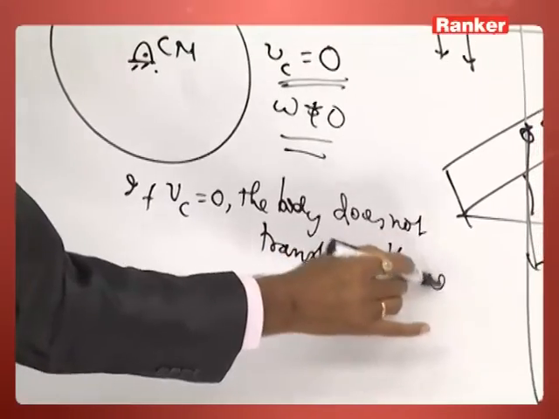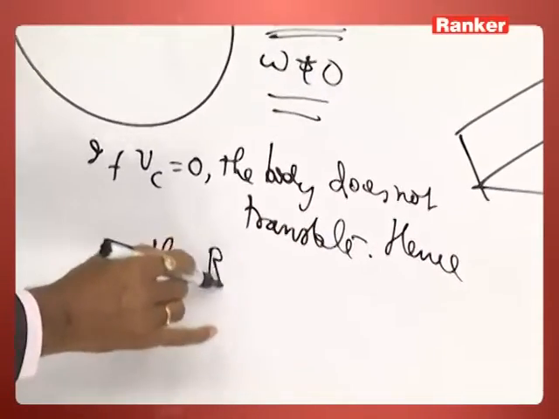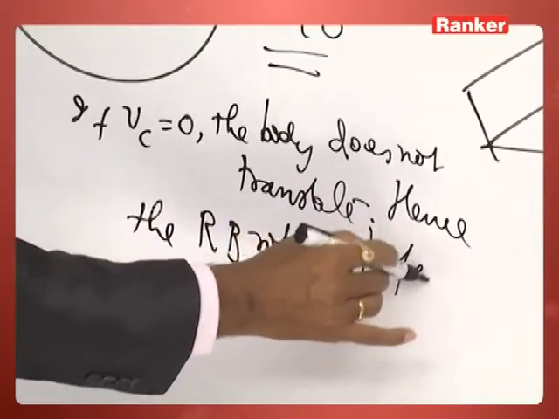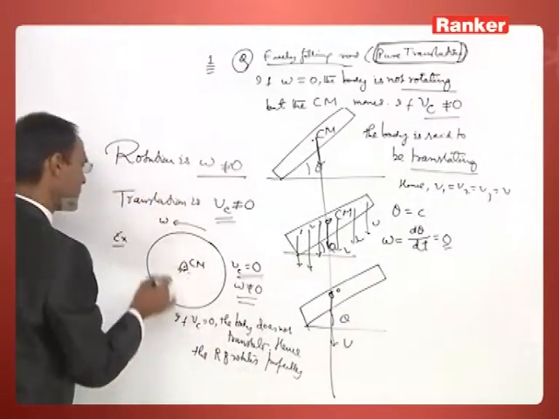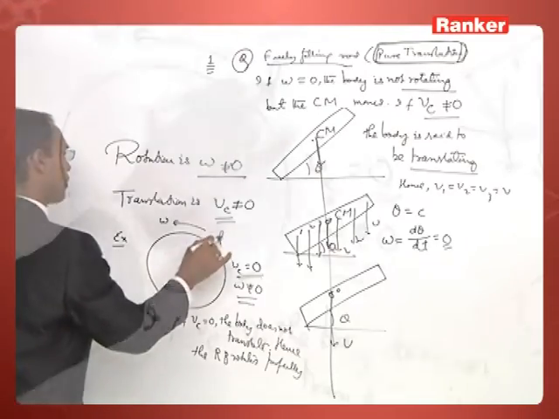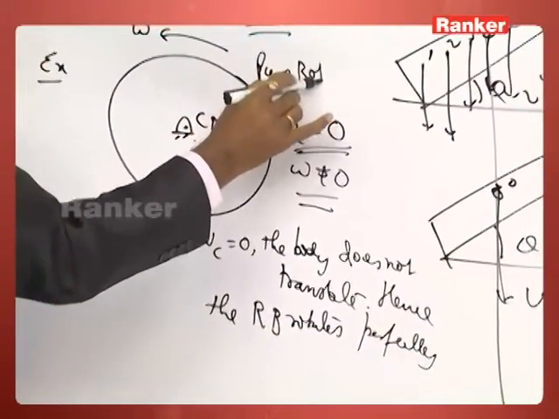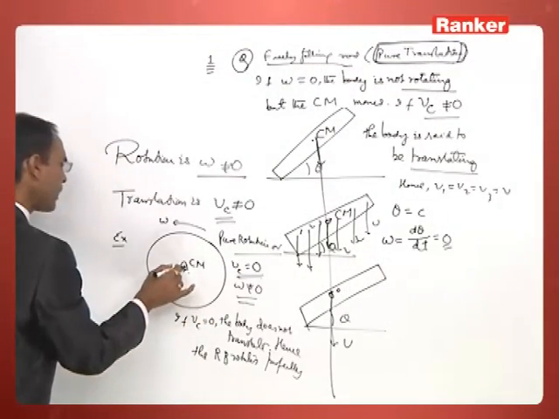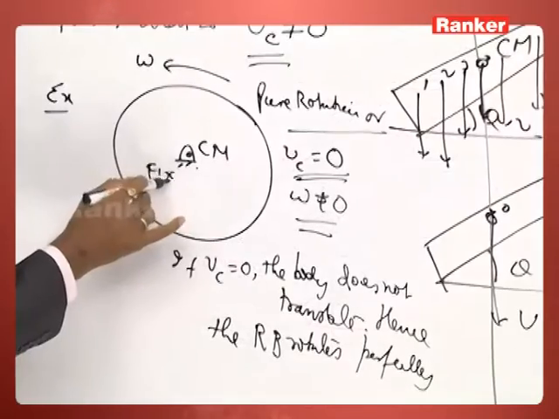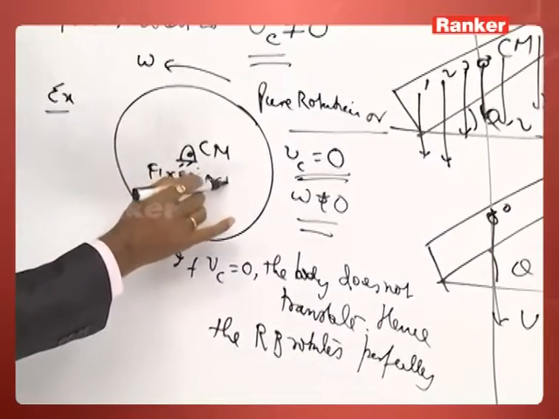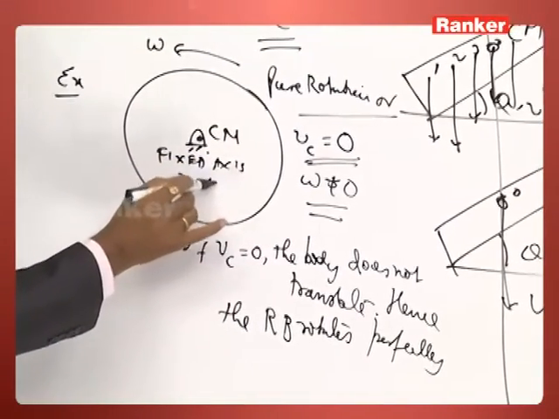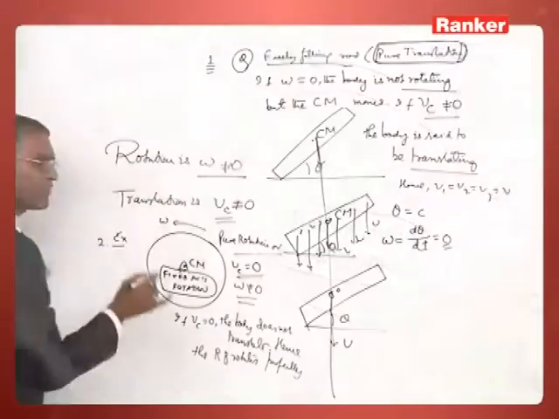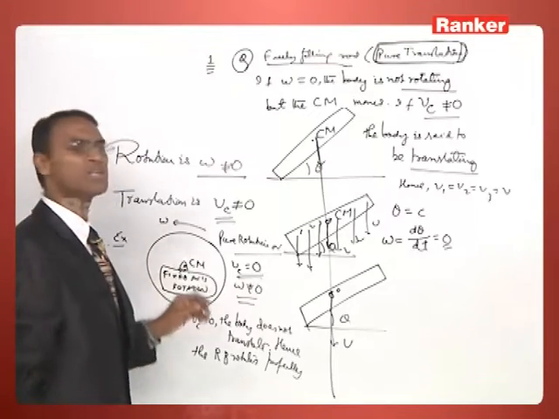Hence, the rigid body rotates perfectly. A pure rotation, or better to say fixed axis rotation, the axis is fixed. Fixed axis rotation, the second type of motion of the rigid body.